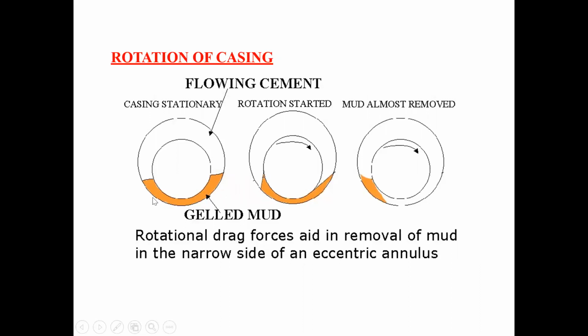This is gel mud, which is shown in orange color. But in casings, if you are using BTC thread or conventional centralizers, you will not be able to rotate. Okay. So if you do rotation as well as reciprocation, that is the best, that is the ideal thing. But if you are not able to rotate, at least reciprocate.